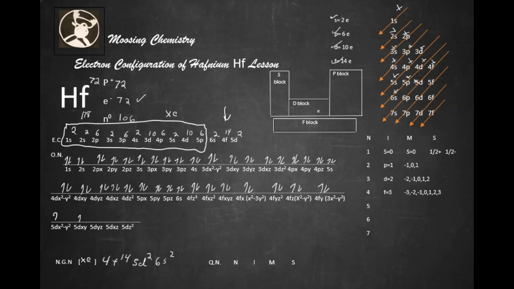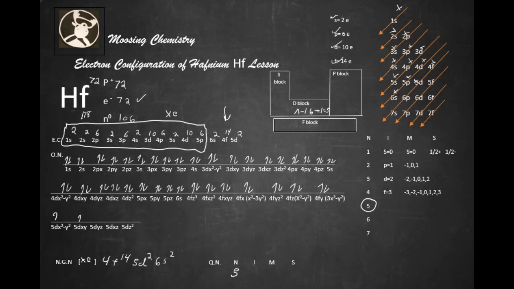Now, let's do our quantum notation. The Pauli exclusion principle clearly states that no two electrons can have the same set of quantum numbers. Hafnium is located in the d block, but it looks like it's in period 6 going across. But remember that d is n minus 1, so this would be 6 minus 1, which equals 5. So our n value is 5.